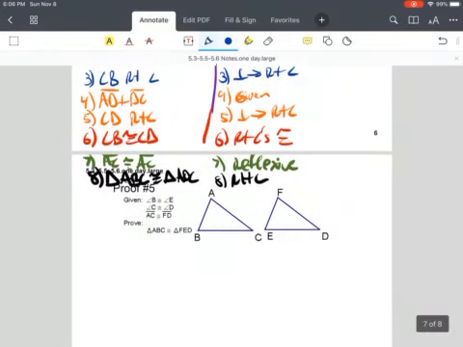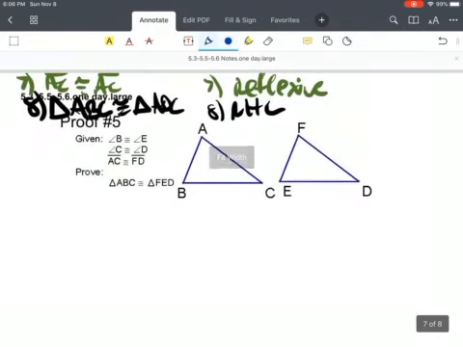There are 2 proofs left. The first one, you're going to write this proof on your own, but when you look at this one, we have the fact that angle B is congruent to angle E, angle C is congruent to angle D, and then we have marked this side. We have everything given to us, and it's 2 angles in a row, and then the side that is not included.